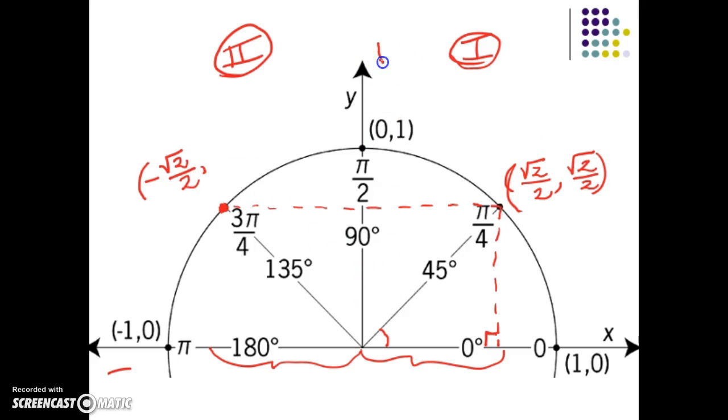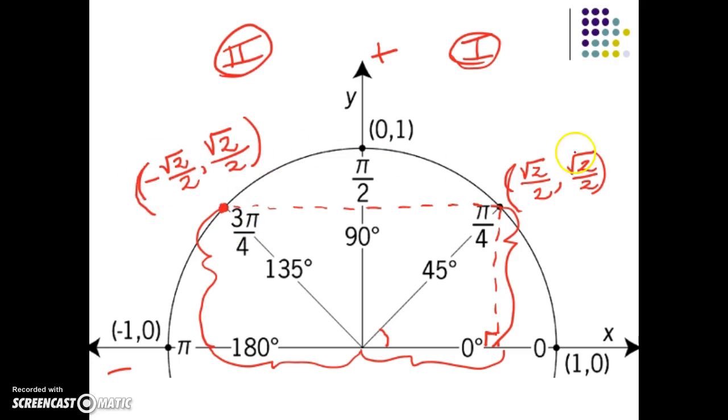But I'm still on the positive end of the y-axis, and this distance is equivalent to that distance. So I know the coordinate to that point is positive root 2 over 2.